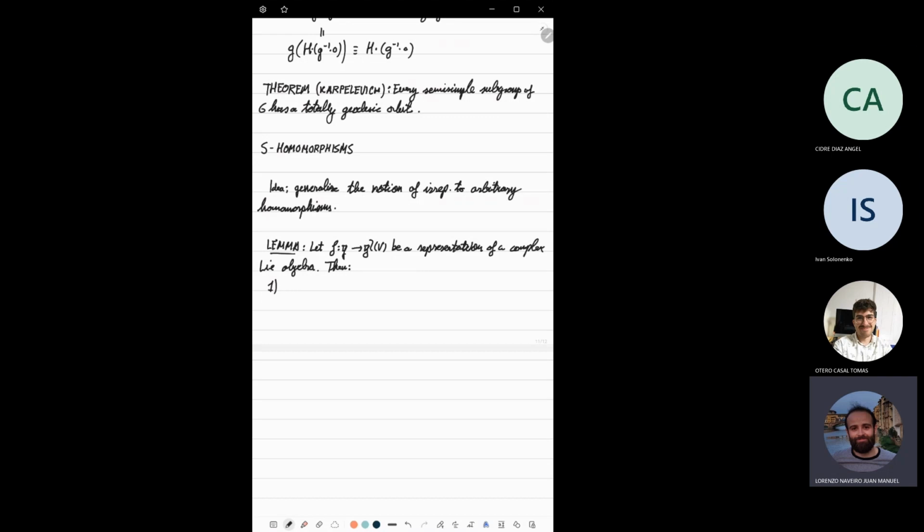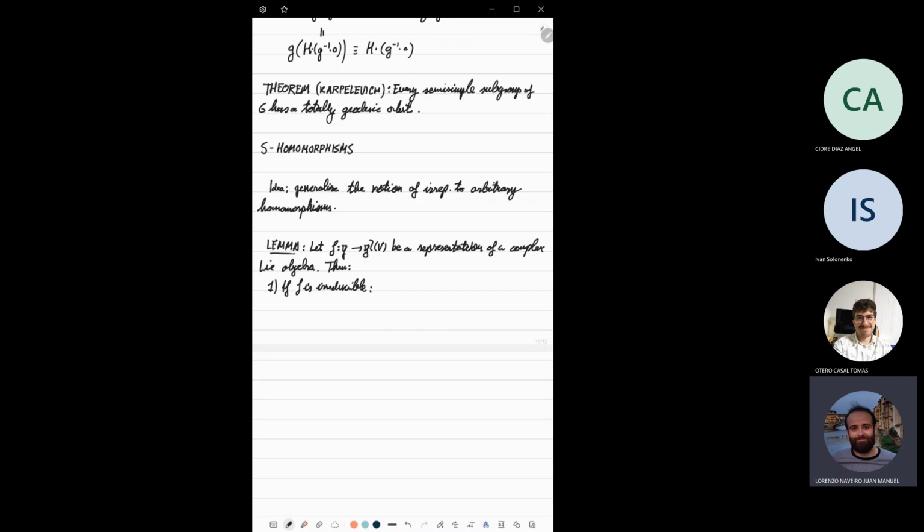First, if G is a simple complex Lie algebra and F is irreducible, then there is only one inner automorphism. So I have to write something.